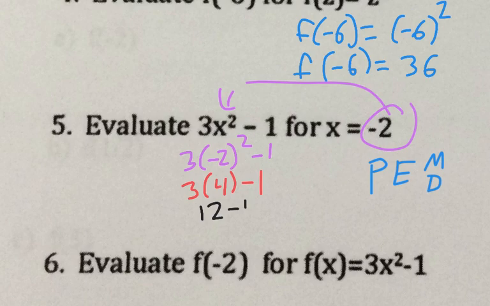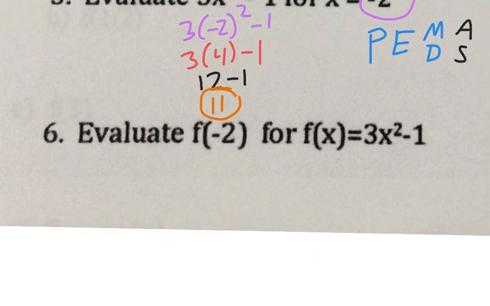And then what's next? Addition and subtraction at the same time, from left to right. There's 4 steps to the order of operations. That's the way I write PEMDAS. That shows me each step in the correct order. And so now I need to add or subtract. 12 minus 1 is 11.